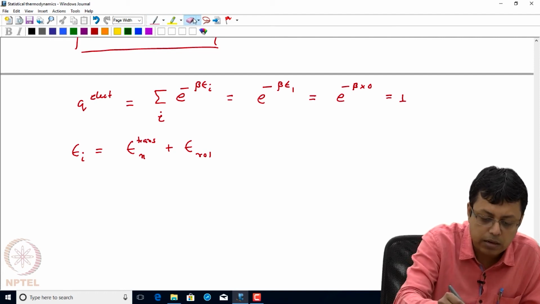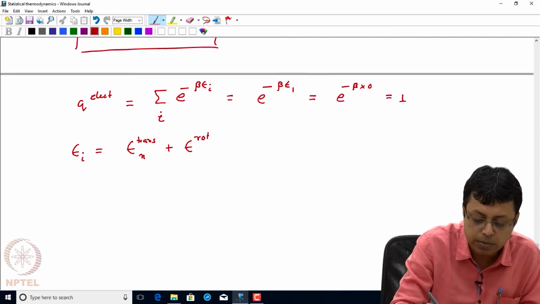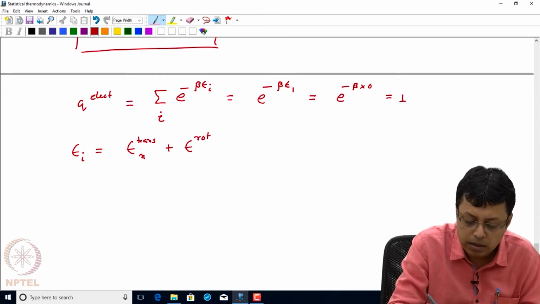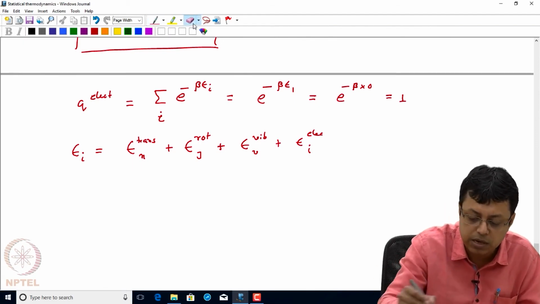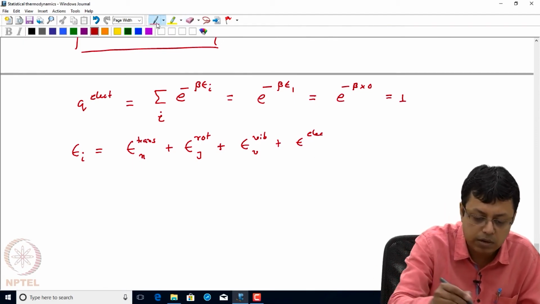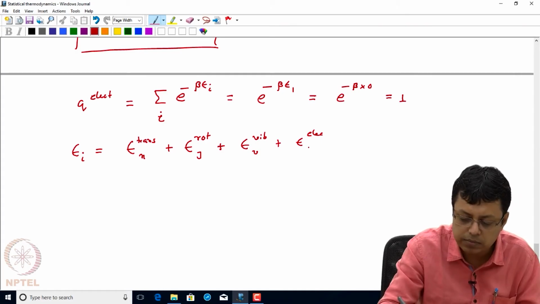We are writing trans, rot and so on as superscripts, so let us follow this notation. And for the electronic quantum number, since we have already used i here, let's call it m.